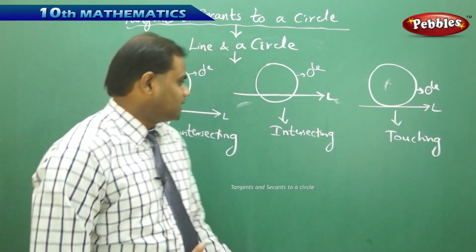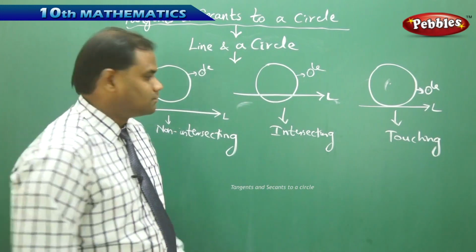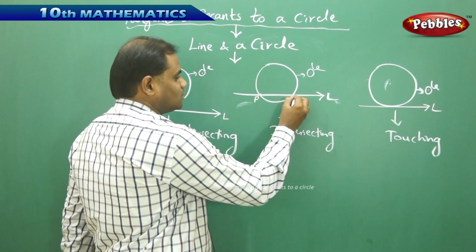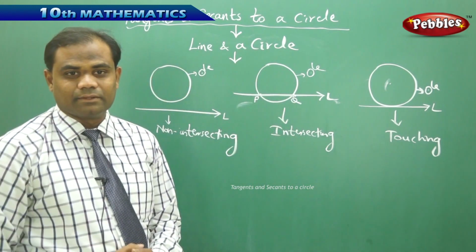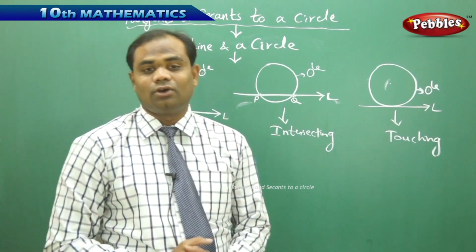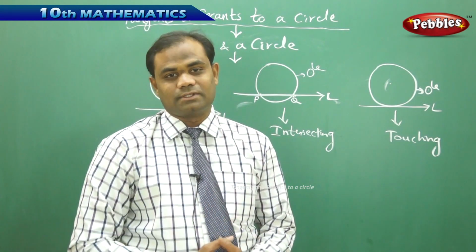To come to the intersecting case here, suppose I have the 2 points P and Q where the line is intersecting the circle, then this line segment PQ is called the chord or the secant of the circle.